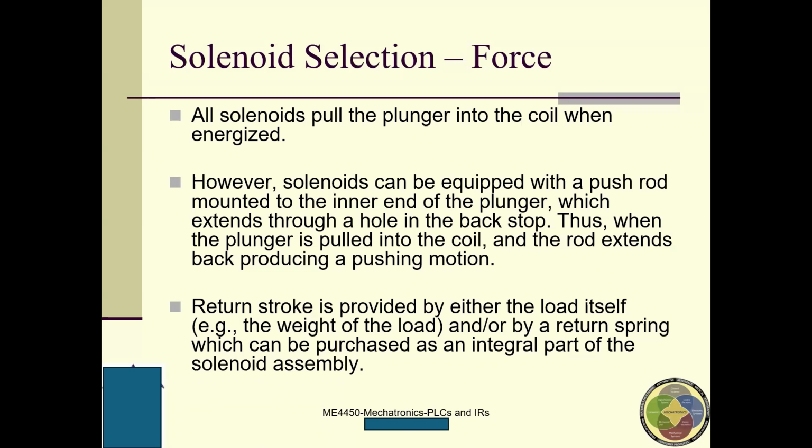But all the original solenoids are pull type. However, solenoids can be equipped with a push rod mounted to the inner end of the plunger, which extends through a hole in the backstop, and thus when the plunger is pulled into the coil, the rod extends back, producing a pushing motion.